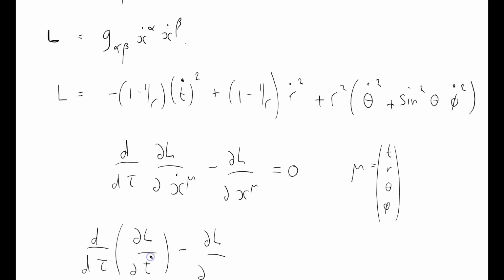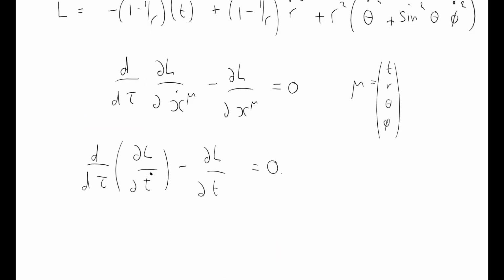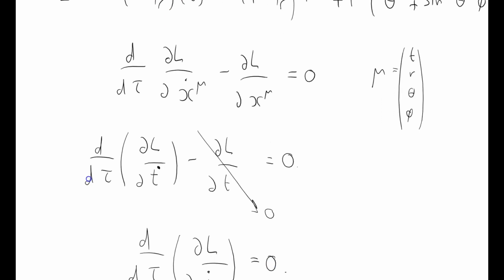T dot, which is this term here, of course. And straight away we can see, because we've got a steady system, that the second term is equal to 0. So that tells me that d by d tau of dL by dt dot equals 0. So all I need to do is to differentiate this beast here, and we can do it.